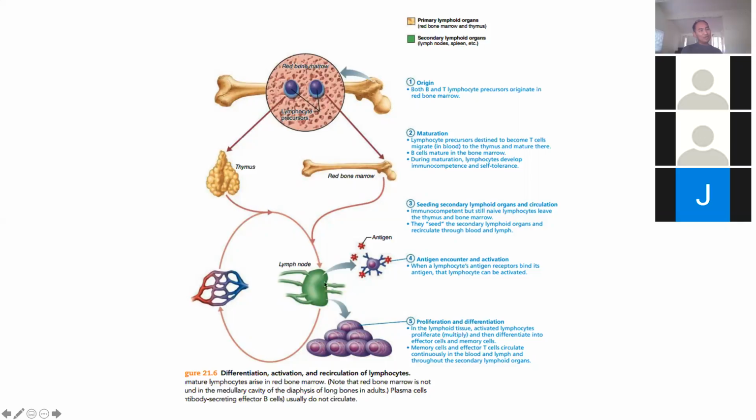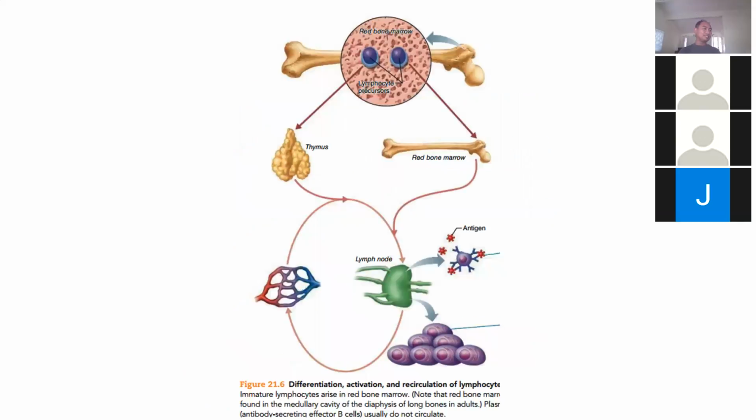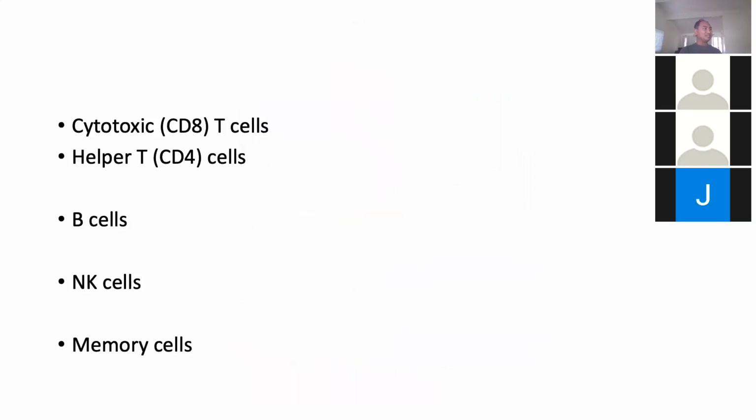T cell will function as T cell, and B cell will change into the plasma cell, which will secrete antibody. So that's the difference. They both originate from the bone marrow, but to become T cell, they have to go to the thymus. To become B cell, they remain in the bone marrow.